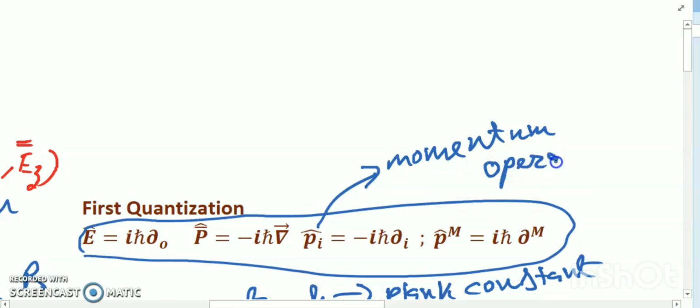This is negative, and this position is the four-dimensional space-time. So this operator is called the contravariant operator.